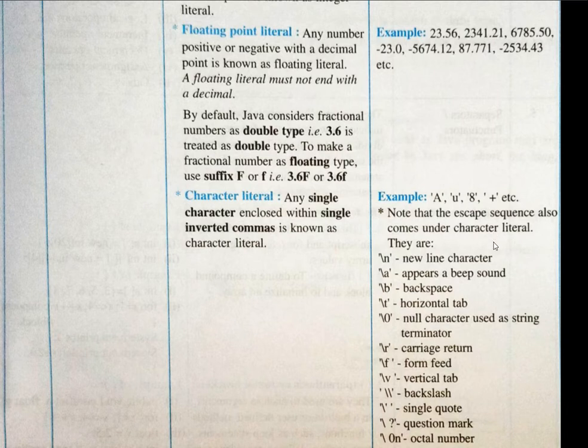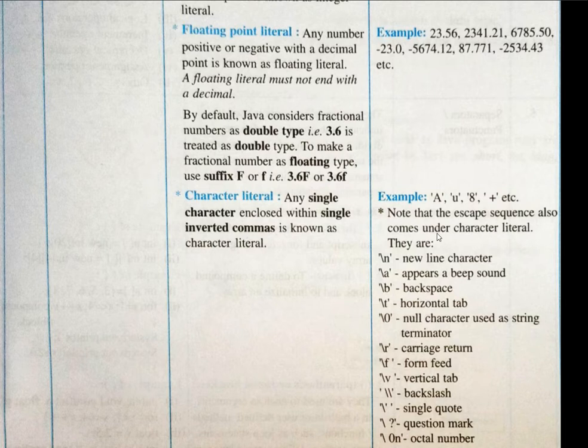Another specific type of character literal is represented through the escape sequence. If we want to represent some non-graphic characters or some other special characters on the screen and print them, then we have to use a specific type of character literal, and these character literals should be used along with the escape sequence.